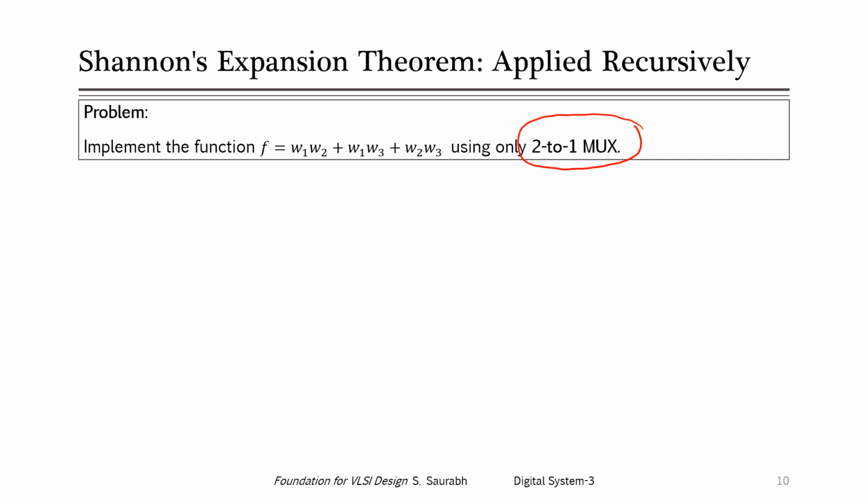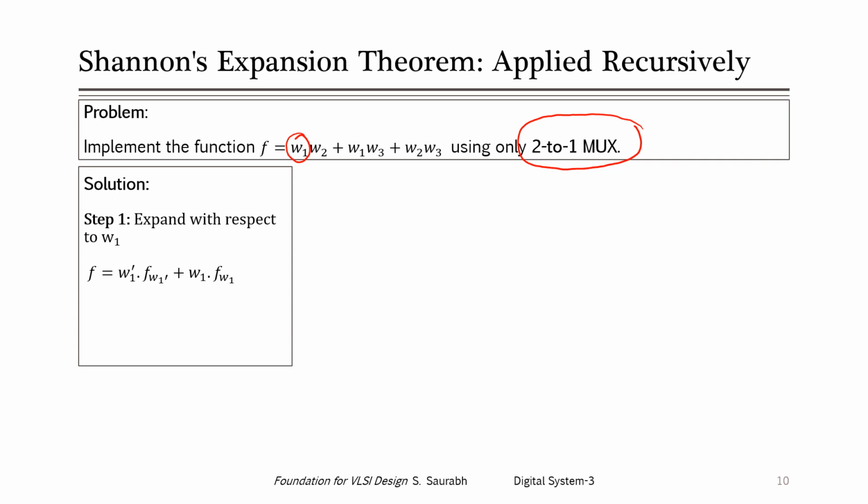So we take the logic function that we saw earlier, f is equal to w1 w2 plus w1 w3 plus w2 w3, right? First we expand with respect to the variable w1. The first variable we choose is w1, and we find the positive cofactor and negative cofactor of this function, right?